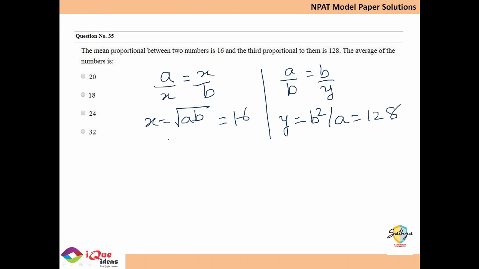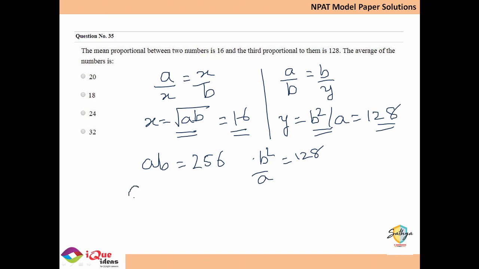So now you know that root of ab is 16 and b square upon a is equal to 128. So I get ab is equal to 16 square or 256, and I get b square upon a is equal to 128, right? So I can say that the value of a is nothing but 256 upon b.